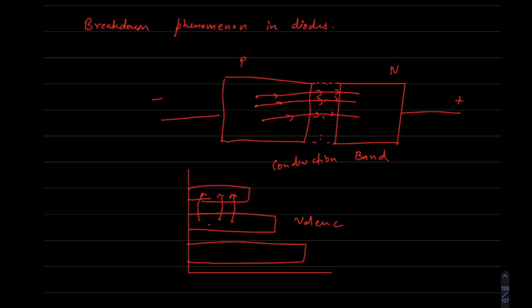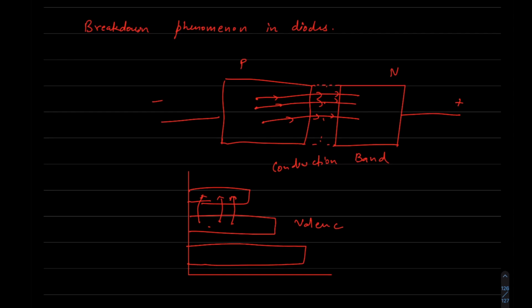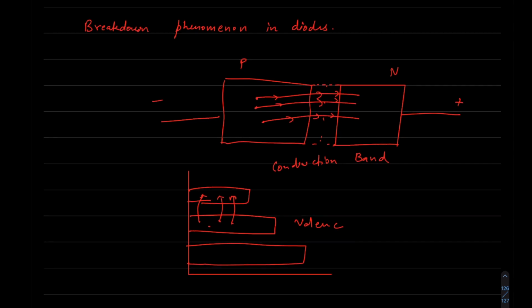So it is possible to cause Zener breakdown without damaging the semiconductor. This is used in devices known as Zener diodes. We'll learn about that in the next video. Zener diodes are diodes which operate under Zener breakdown voltage.